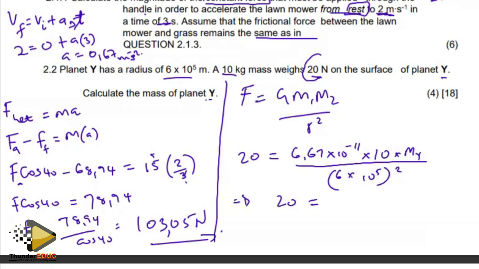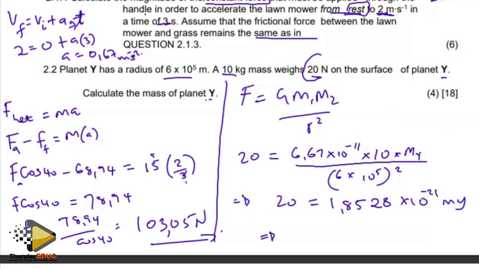I'm multiplying it by 10, and then I'm dividing everything by 6 times 10 to the exponent of 5, squared. That's giving me 1.85 times 10 to the negative 21 times the mass of Y. Then I have to divide both sides by that.